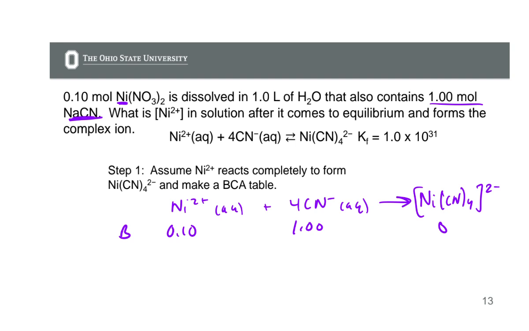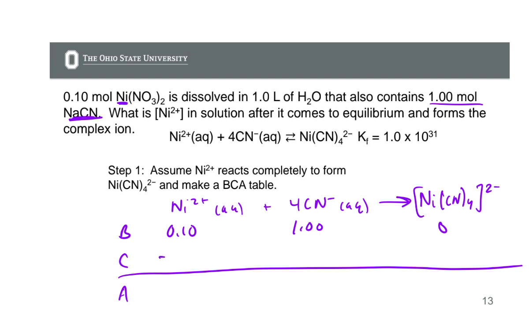As we do the BCA table, we need to use our stoichiometry. And the nickel in this case is going to be the limiting reagent. You can go through and work that out if you need to.